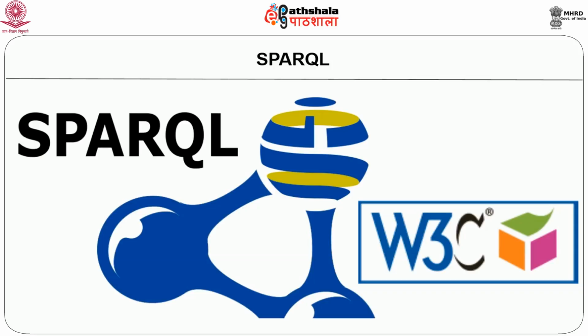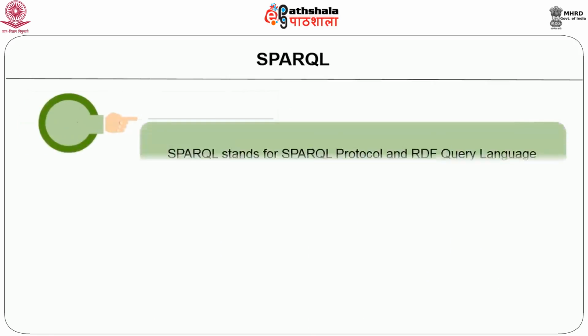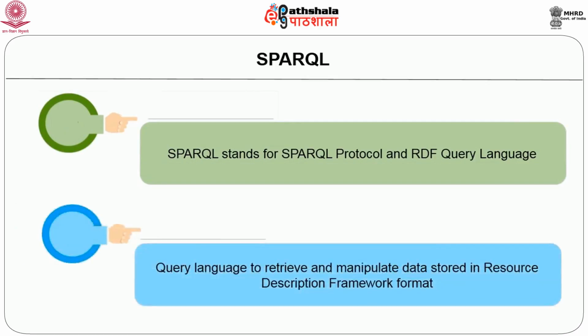But if you want to take data from this kind of semantic data, one technique is to use SPARQL. SPARQL stands for SPARQL Protocol and RDF Query Language. It's a query language to retrieve and manipulate data stored in RDF. So SPARQL is used to query RDF format data and get the result. SPARQL combined with RDF can get the data for the machines.